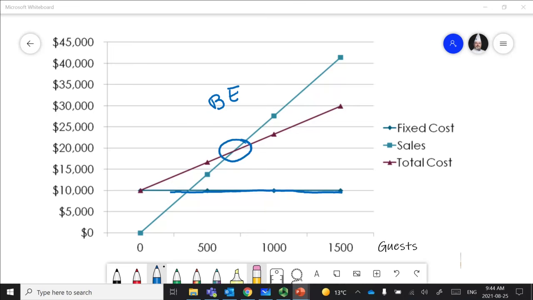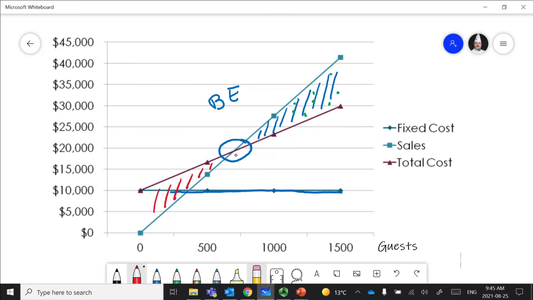Well, we want to be somewhere in this area here. Any of this wedge here, we're selling more than we're actually using for dollars. So we want to be somewhere in between here. If we're down anywhere in here, we're losing money.